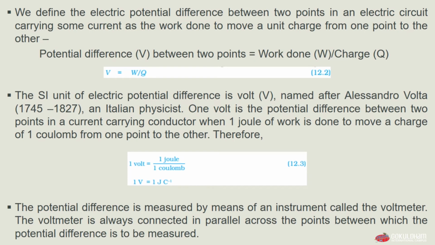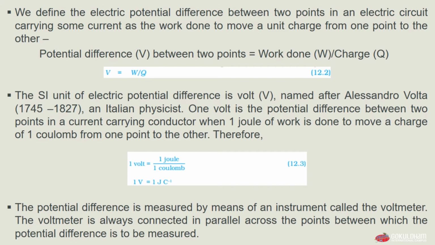Also, the SI unit of electric potential difference is the volt, capital V, named after Alessandro Volta, an Italian physicist. 1 volt is the potential difference between 2 points in a current carrying conductor when 1 joule of work is done to move a charge of 1 coulomb from one point to another.